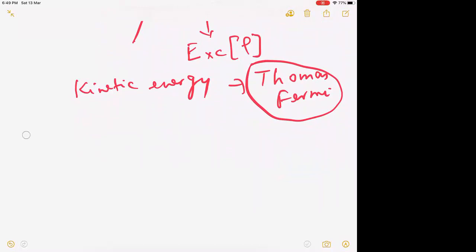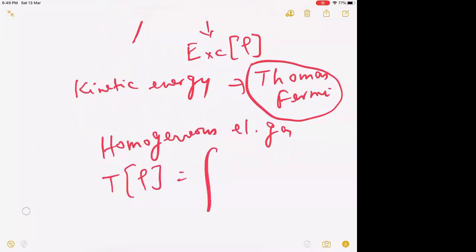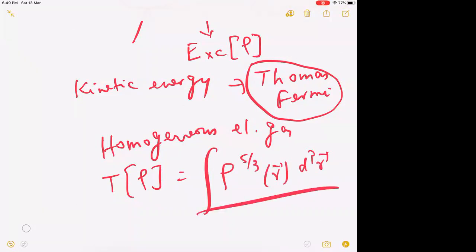This was actually done for the homogeneous electron gas, in which the kinetic energy was written as the integral of rho to the power 5/3 of dq vector. If you remember our definitions from yesterday's class, this is again a local functional, because each of these evaluations depends on a particular value of rho to the power 5/3 at a particular point.